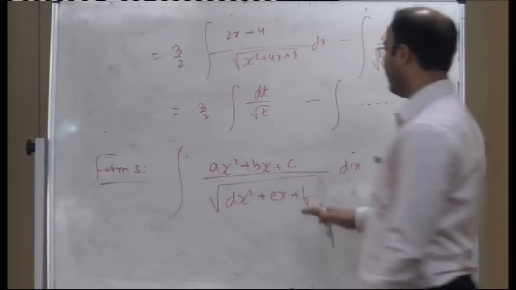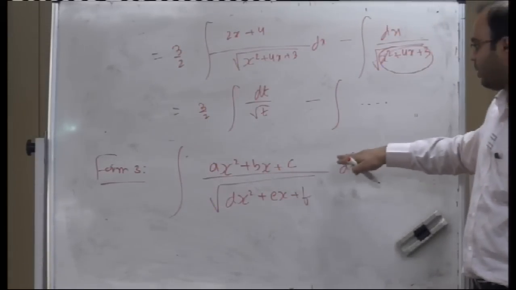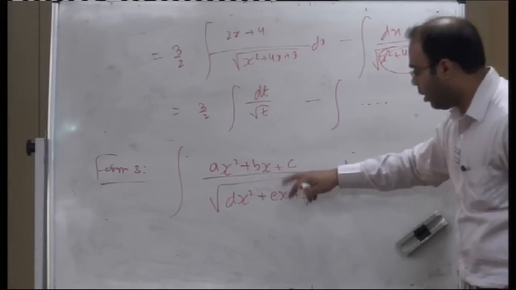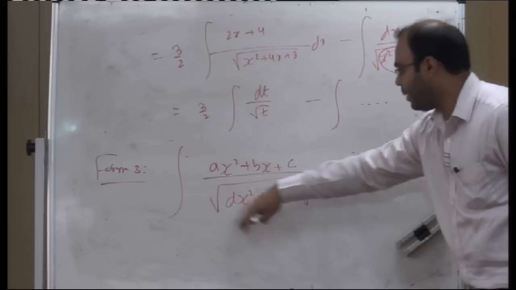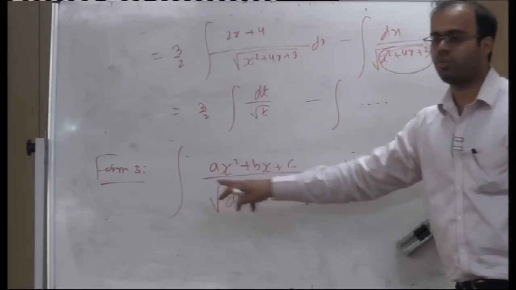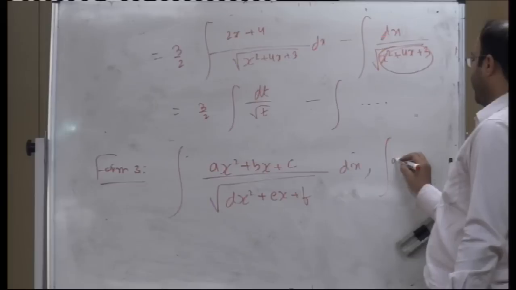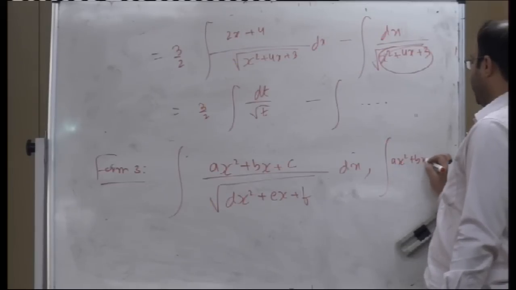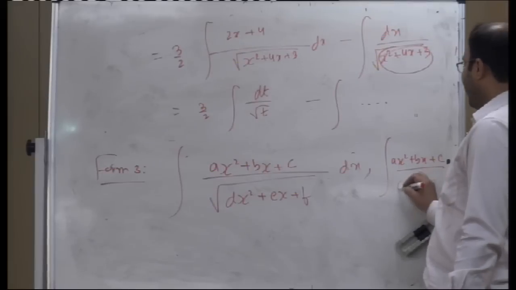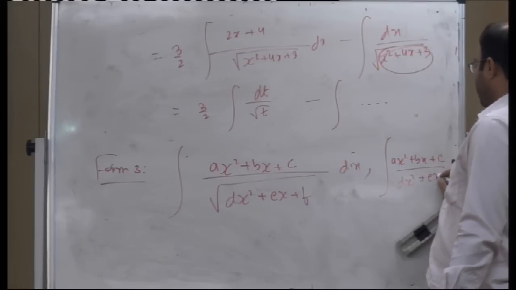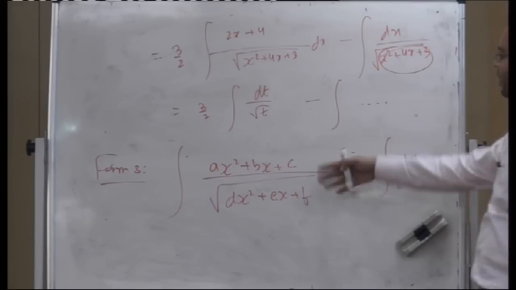And you can also make this root in the numerator. You can also do one more thing, that this can be deprived of the square root. You can make 3 forms out of this form: (ax square plus bx plus c) upon only (dx square plus ex plus f). And one more thing, you can multiply this square root.